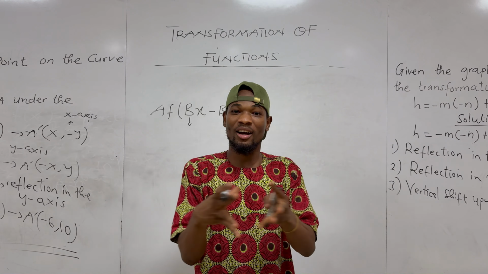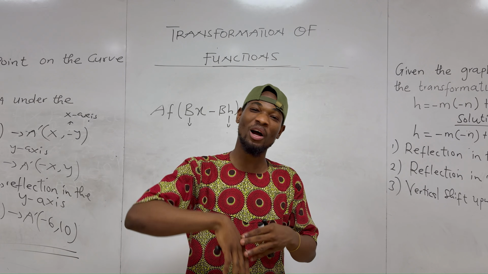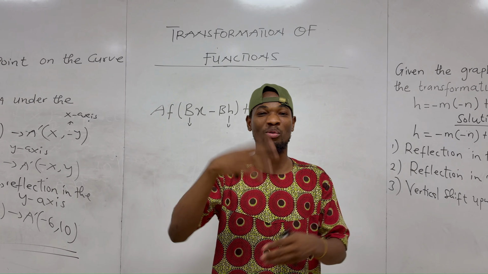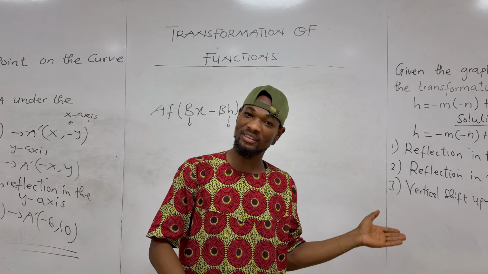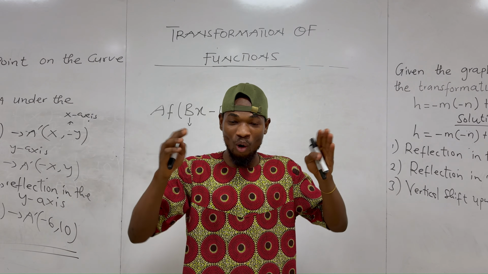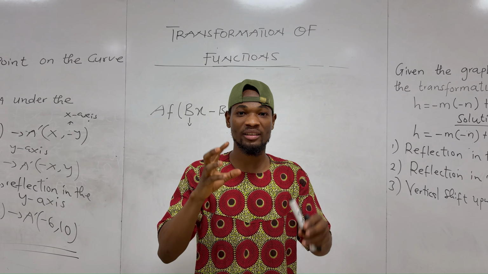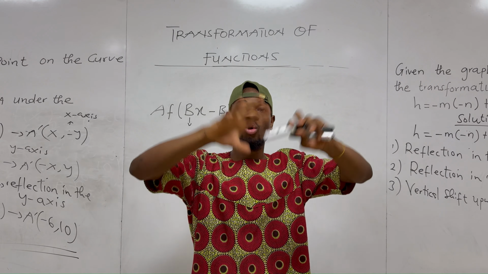So you may be given a function where you can apply either vertical shift, vertically upwards, vertically downwards, moving to the right, that's horizontal shift to the right, horizontal shift to the left, all incorporated in one function, and even reflection in the y-axis, reflection in the x-axis, a whole lot. And this is the stage where most problems get stuck because of the mixture of the whole concept involved.